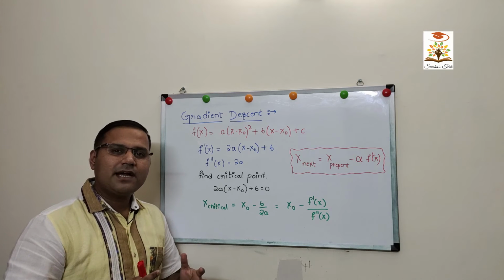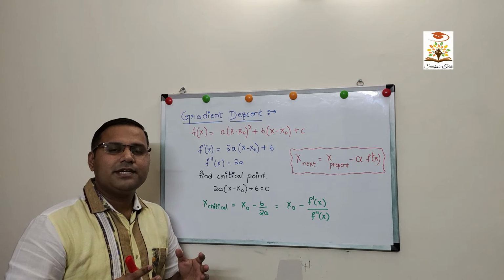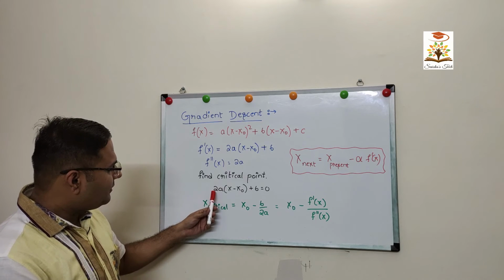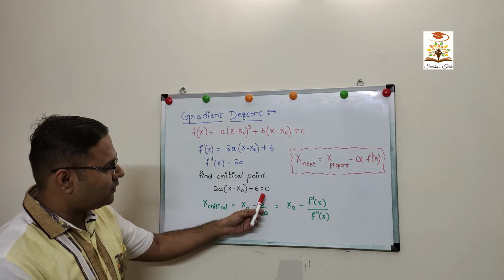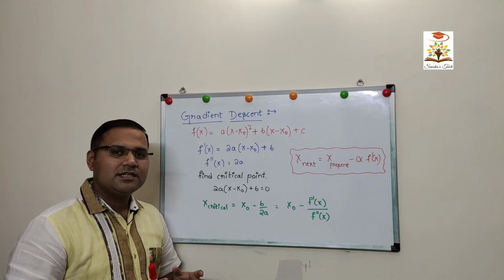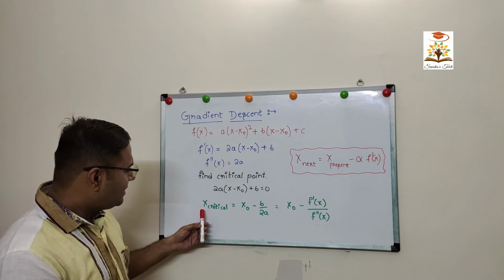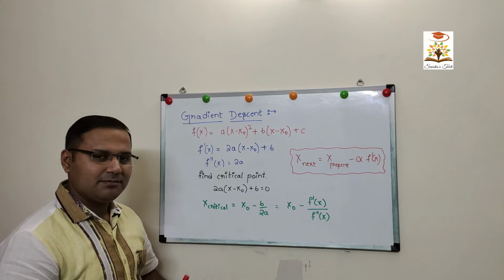Now, to identify the critical point, we equate the first derivative to 0. That is, 2a(x - x0) + b = 0. Rearranging the terms, the critical point is x critical = x0 - b/2a.